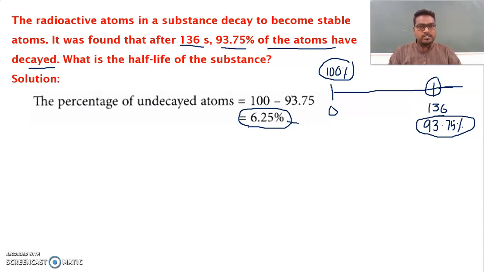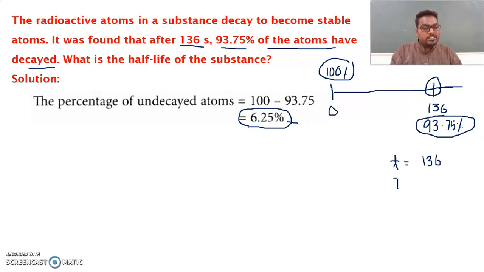So these are the three quantities. So what is the question here? What do we have to identify in this problem? By using the data, here the time taken by the radioactive element to become 93.75% decayed is 136 seconds.